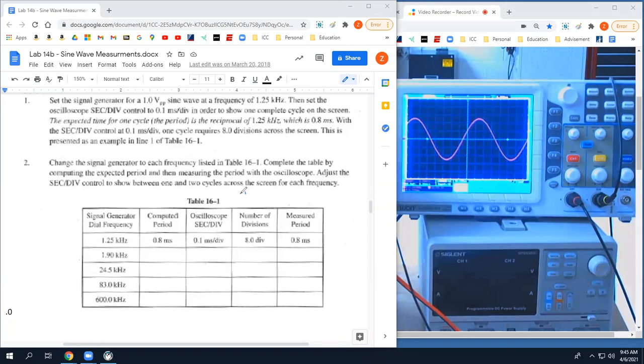Remember the formula for period? T equals 1 over the frequency.